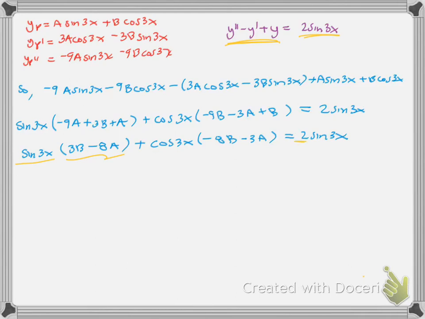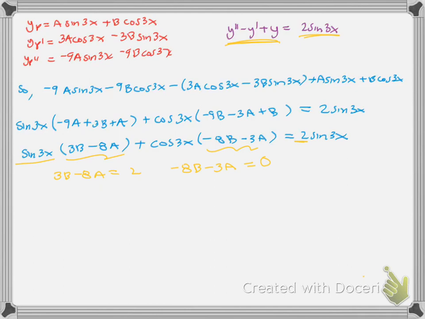And so on the right-hand side, we want that to be 2. So 3b minus 8a, we want to equal 2. And this is the coefficient for cosine, but there's no cosine on the right-hand side, right? So we want negative 8b minus 3a to equal 0.